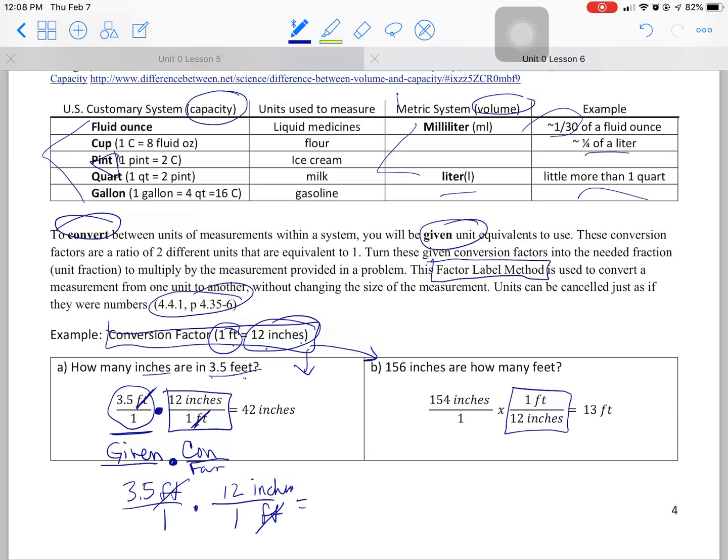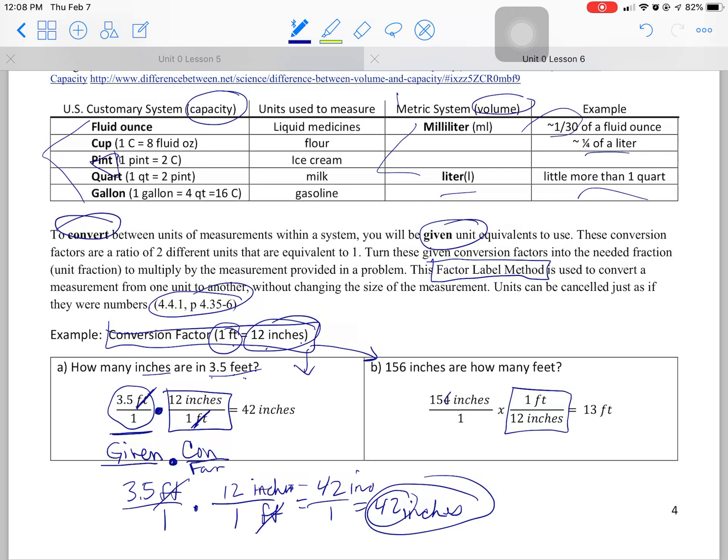So that's how I put it. This turns into 2 fractions that I'm multiplying across the top to get my 42 inches. 42 over 1, we want to write that as 42 inches. Those you need the units for.